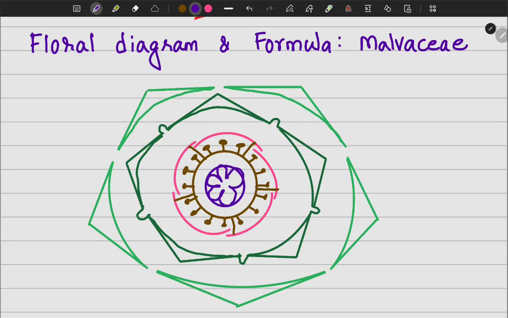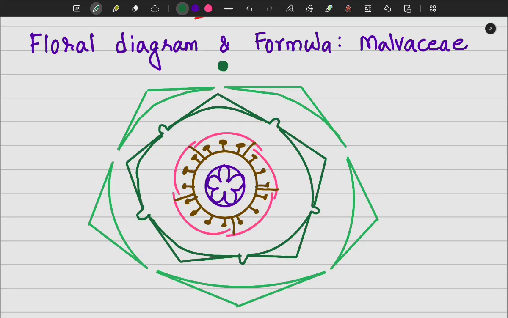Like this. Let us draw 5 carpels, 1, 2, 3, 4 and 5. Okay, and we forgot to draw the mother axis. So let me make the mother axis here. So this completes the floral diagram for Malvaceae family.